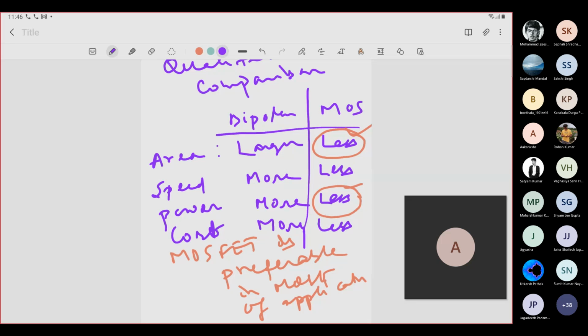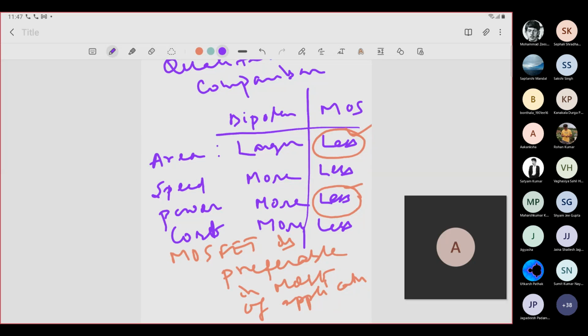The reason is that the steps to realize a bipolar transistor are more compared to MOSFETs. When the fabrication steps increase, accordingly your fabrication cost will also increase. Fabrication cost increases due to the more steps involved in fabricating a bipolar device, transistor or circuit in silicon compared to MOSFETs.